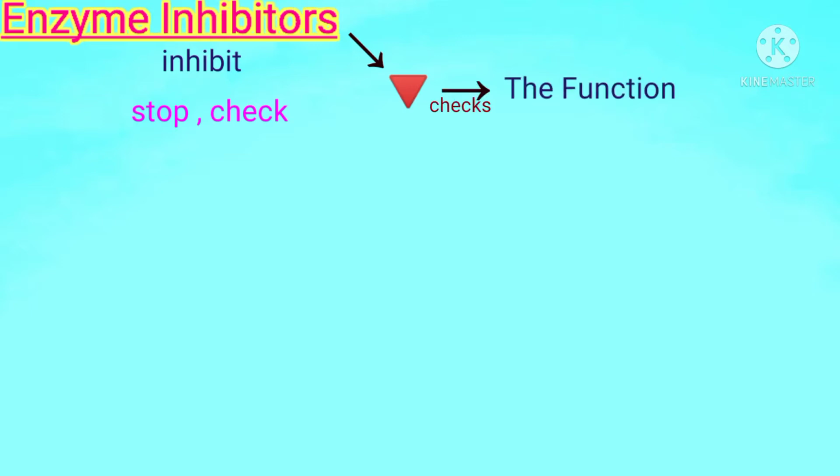Its definition is represented with the help of the word inhibit, which means stop, check, prohibit, and suppress. So there are many words which can define the meaning of inhibit. So inhibitor means a substance that stops and checks an activity, a function of a substance. Here that substance means enzyme.